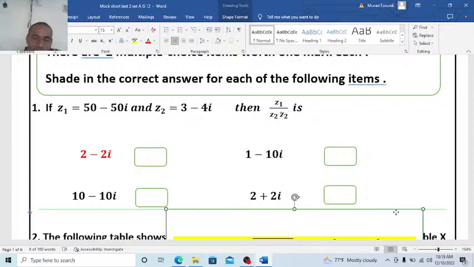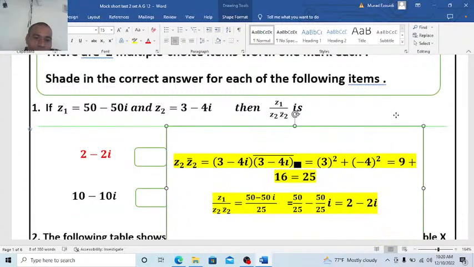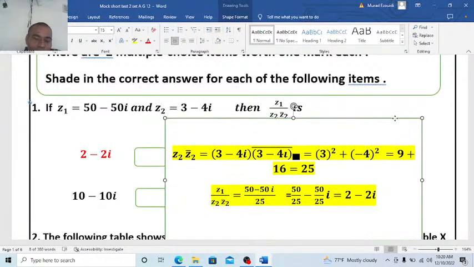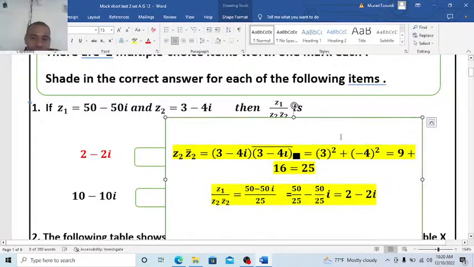What is the ratio of complex numbers Z1 over Z2 multiplied by the complex number of Z2? We explained it, and we agree with the red answer, which is 2 minus 2i.